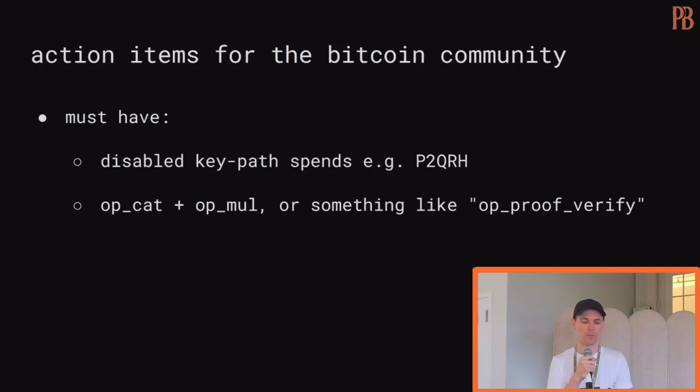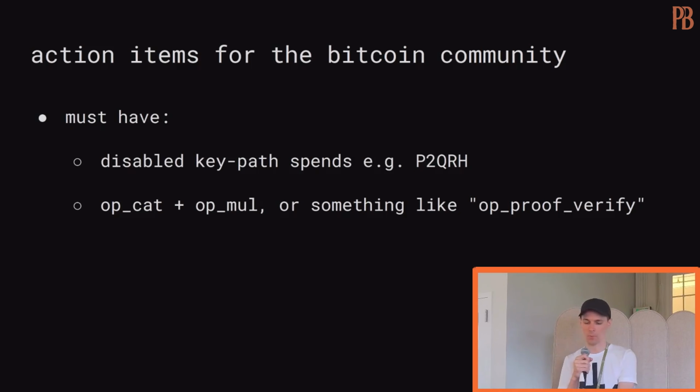We have to have some kind of ability to verify zero-knowledge proofs, or at least post-quantum validity proofs, on Bitcoin layer 1. One way to do that is by having opcat and opmul. You put those together and you can get pretty space-efficient validity proof verification scripts on Bitcoin layer 1.